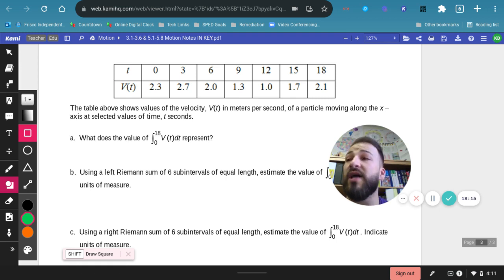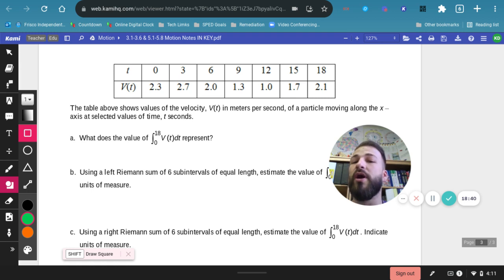Well, v of t is our velocity, so any integral of the velocity is going to represent position. In this case, it is just the normal value of the integral of the velocity. So we're going to take any change in position, whether it's positive or negative, which means this would represent our net displacement of our particle moving along the x-axis. And then we do always want to check, because what does the value represent?